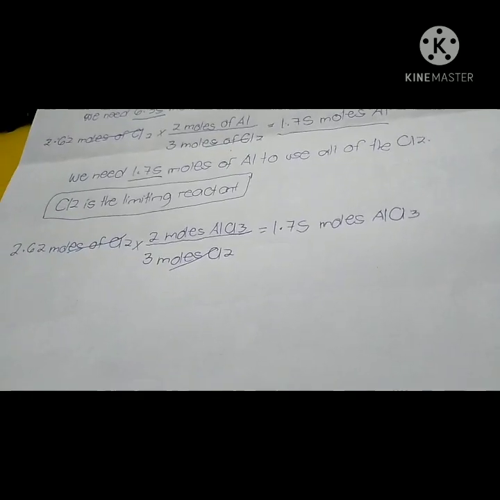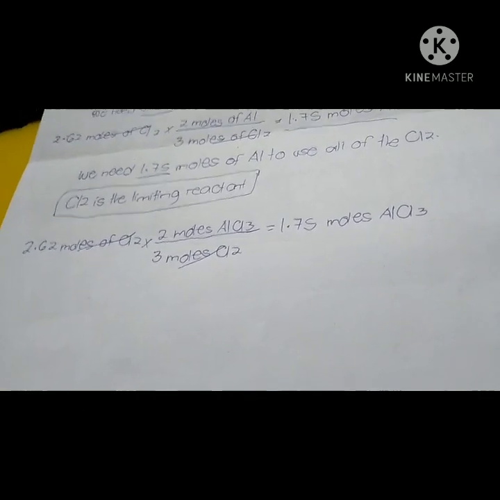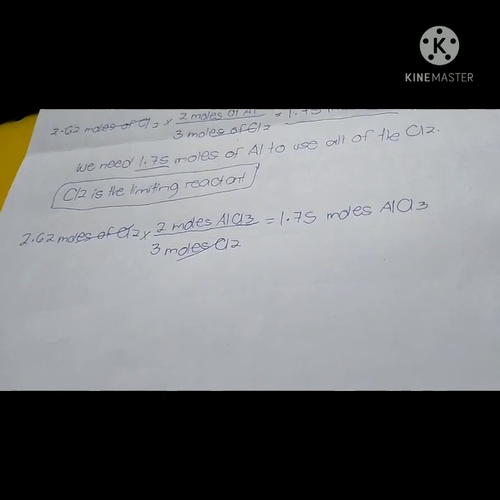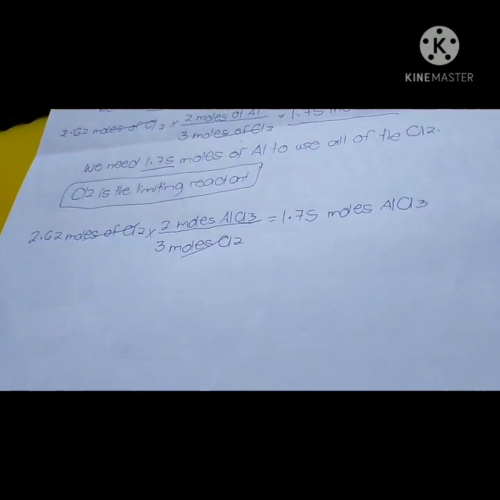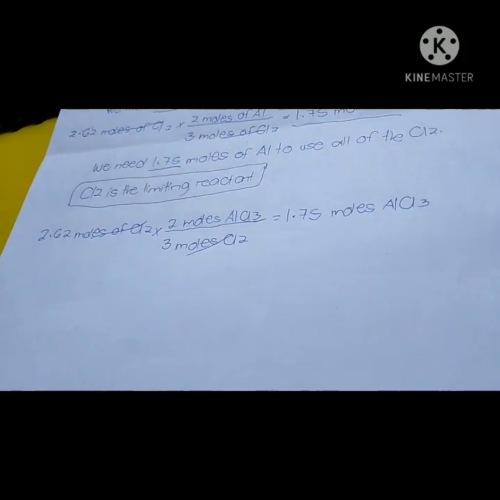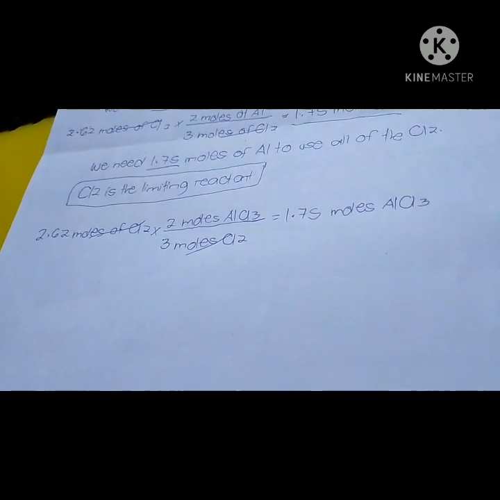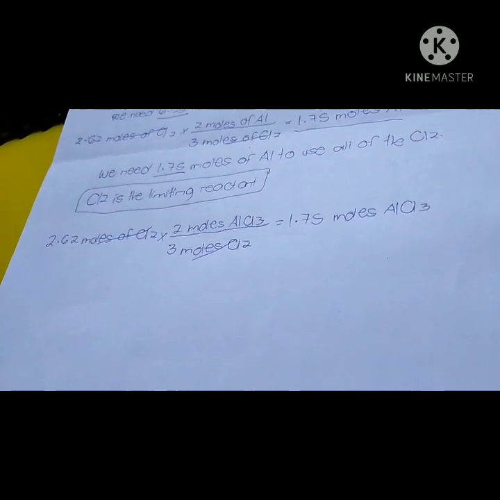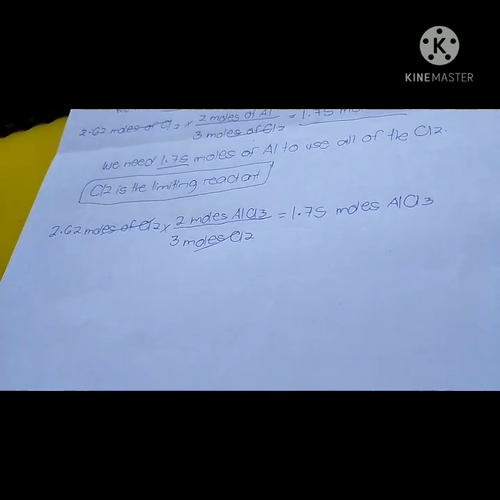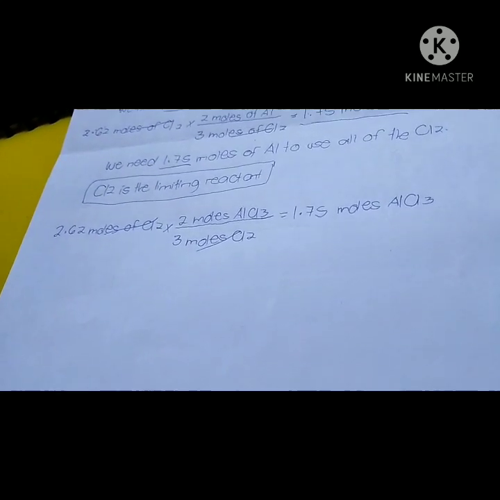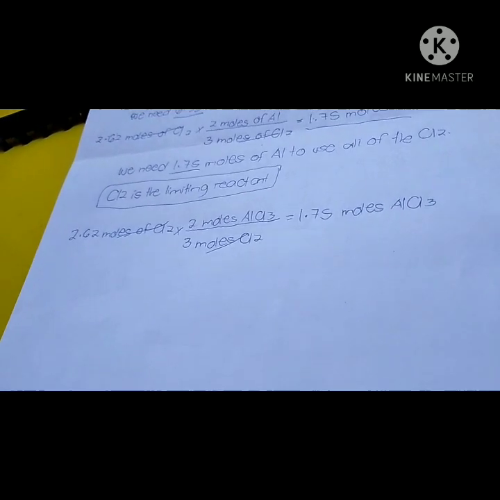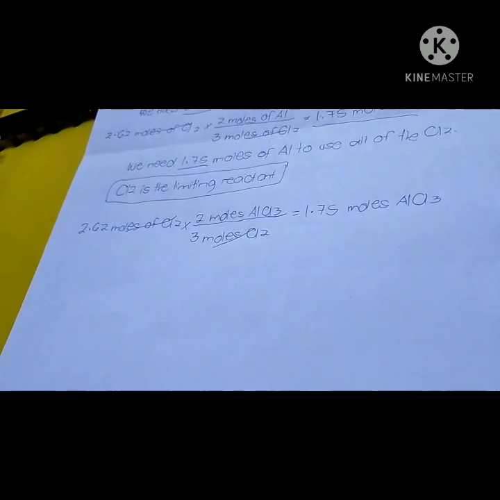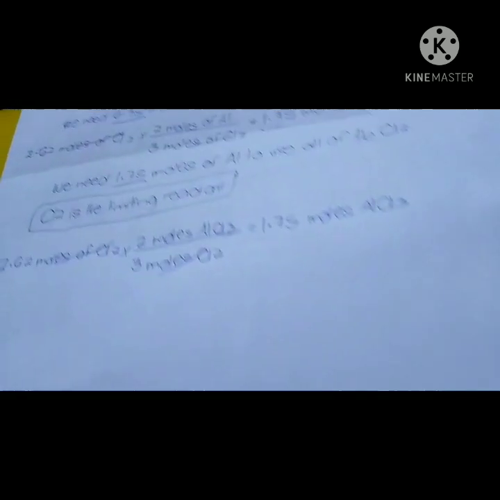Now, we're not quite done with this part of the problem because we're asked the greatest amount of AlCl3 in grams, not in moles. So we get to take this amount of moles and ask how many grams is this. In order to do that, we're going to need the molar mass of AlCl3. As I've said earlier, the molar mass of aluminum is 26.98 and the molar mass of chlorine is 35.45.